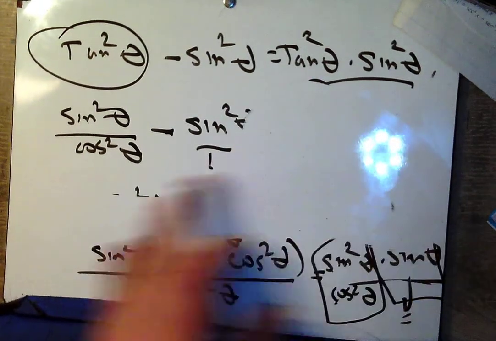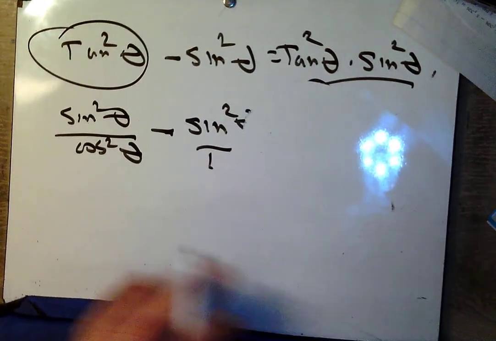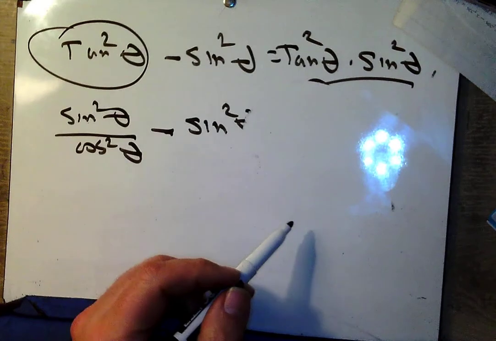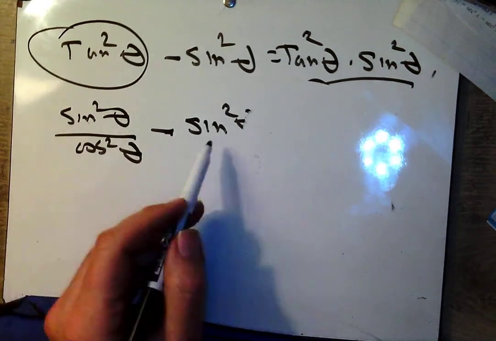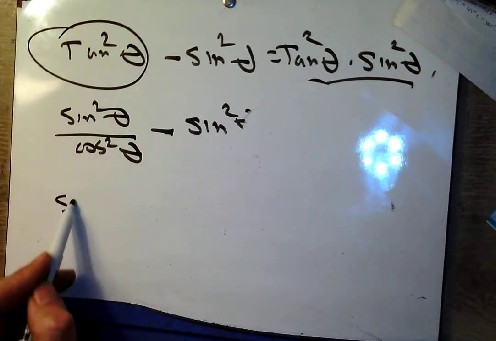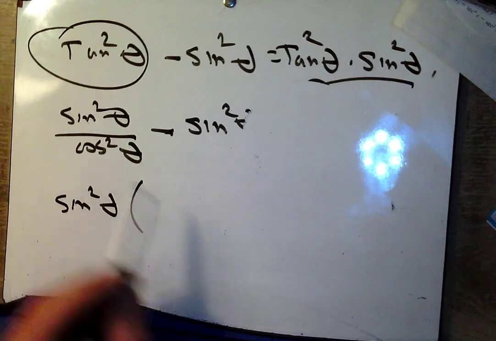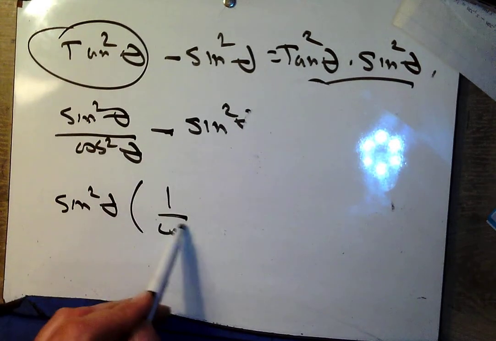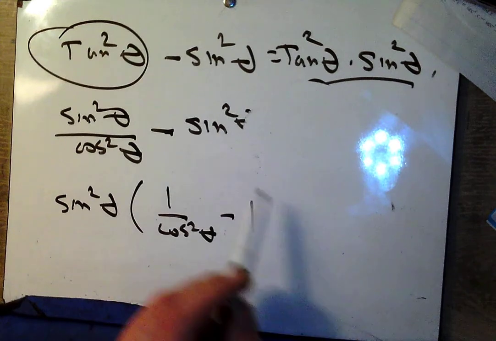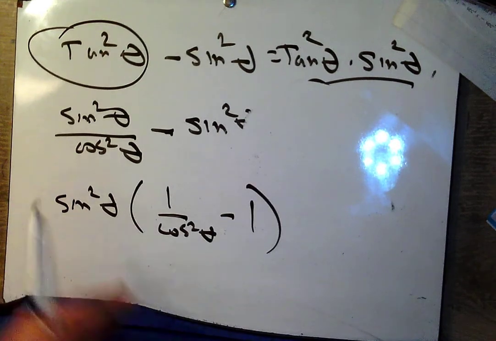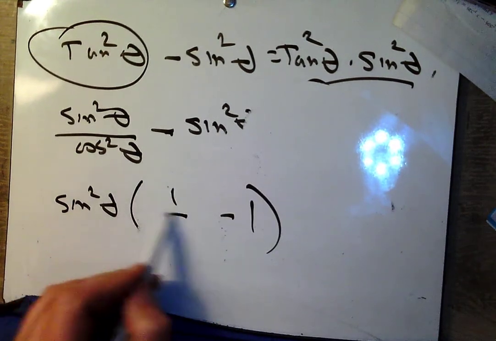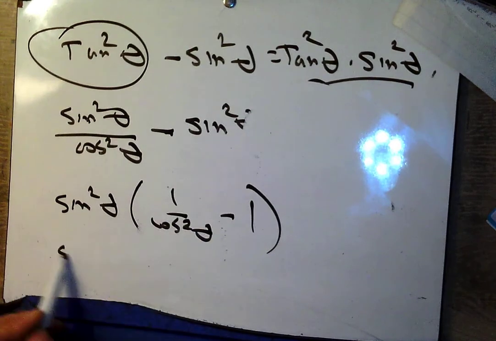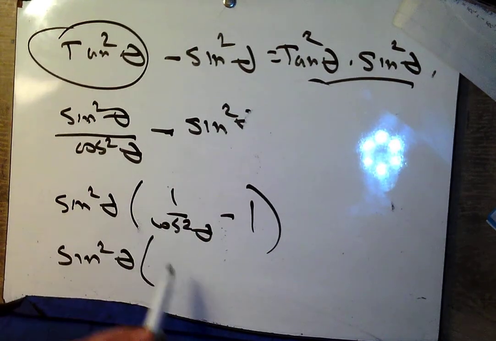Well, if that's the way you didn't want to do the problem, how did you want to do the problem? Well, I saw two terms here, and both of them had a sine squared. So I wanted to factor out a sine squared, leaving me with 1 over cosine squared minus 1. Well, 1 over cosine squared is the same thing as secant squared.